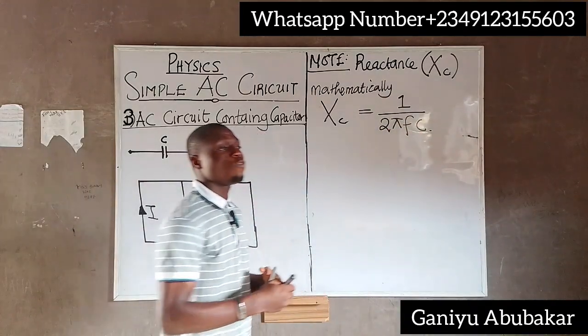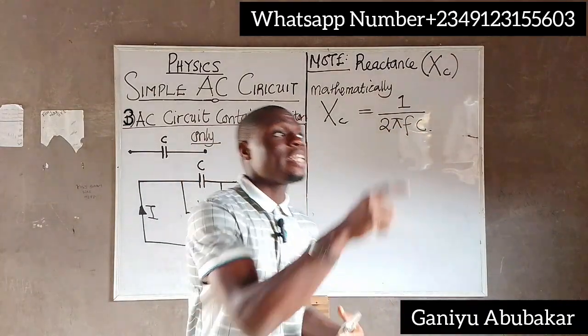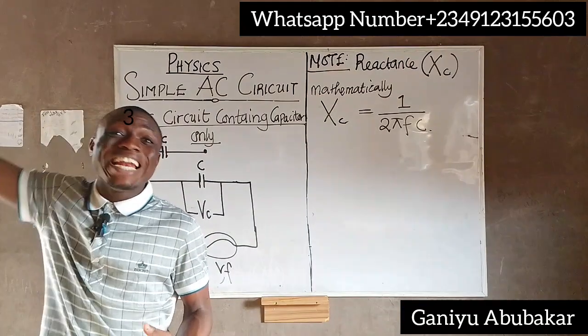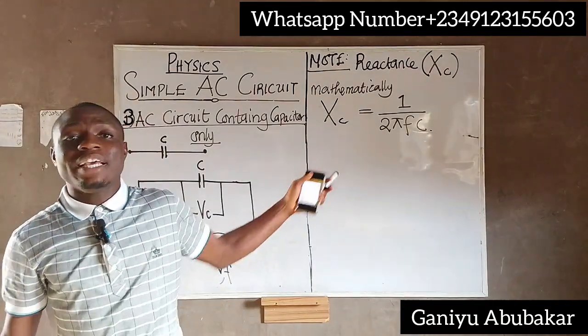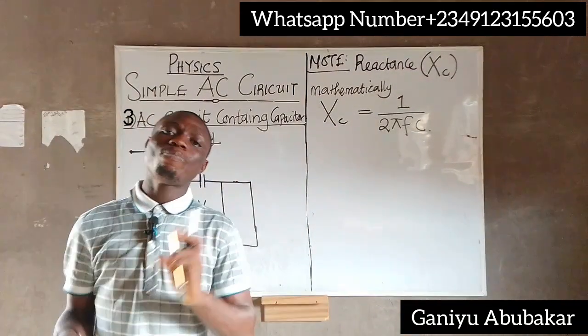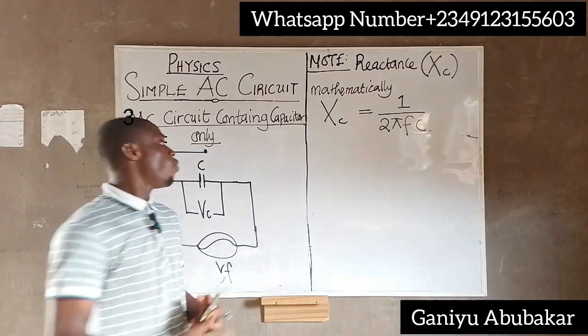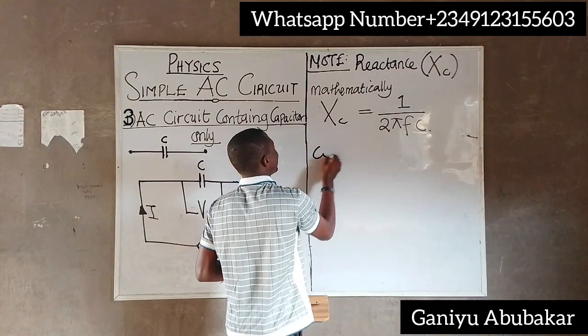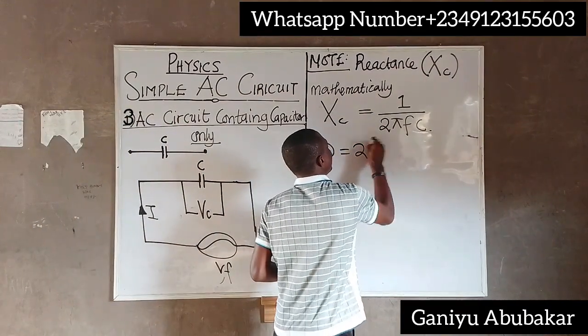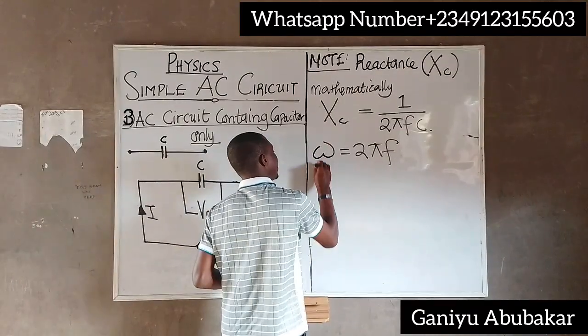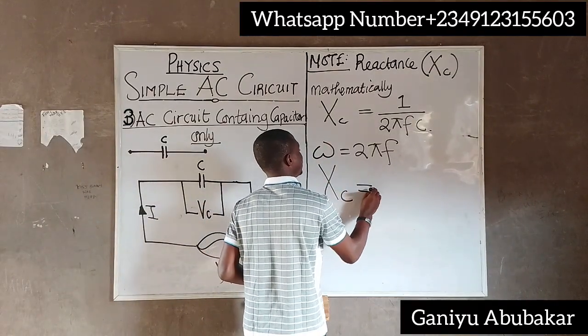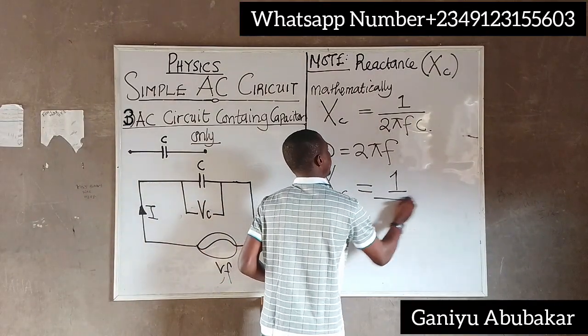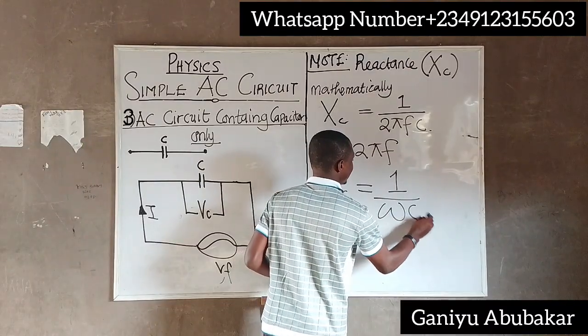For XL, it was directly 2 pi FL. In this case, it was the inverse, 2 pi FC. We know that omega is 2 pi F. This gives you that XC can be expressed as 1 over omega C.